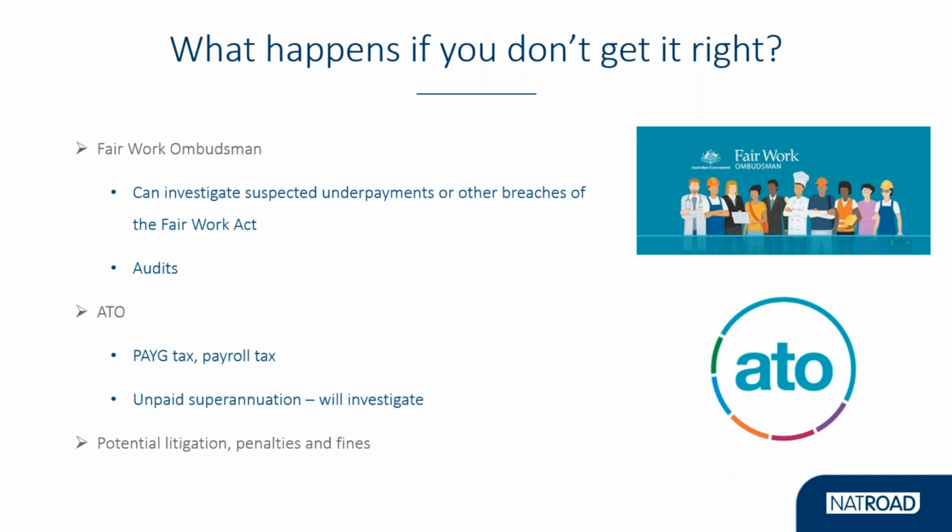So where you may have underpaid 20,000 in superannuation contributions, that can escalate quite quickly up to something like 50,000 very quickly. So the key element then, once the authorities get involved well and truly, the potential for litigation is well and truly there.